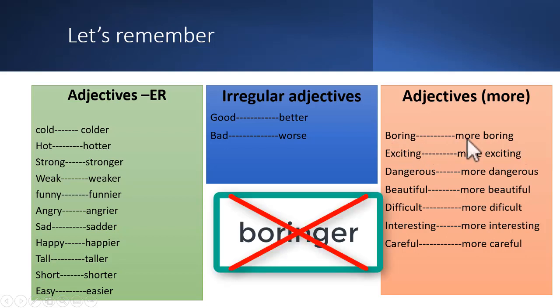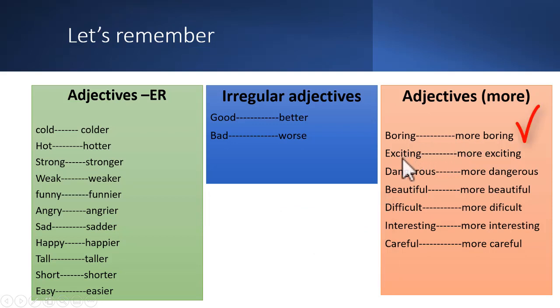No, we say more boring. Be careful. Exciting, excitinger? No, more exciting. Dangerous, more dangerous. Beautiful, more beautiful. Difficult, more difficult. Interesting, more interesting. And careful, more careful. This is the last type of adjectives.